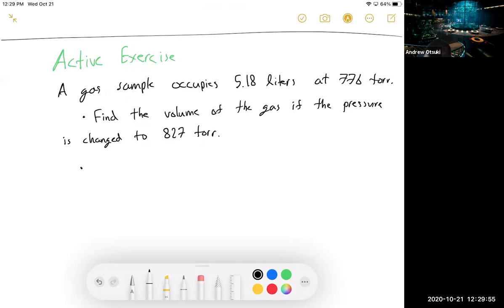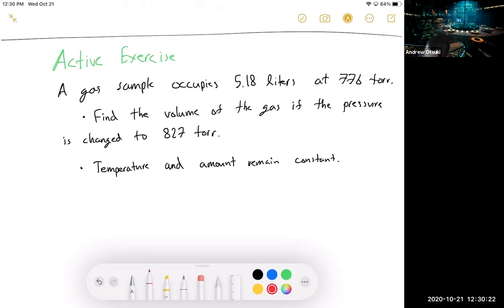One thing you also want to keep in mind is that temperature and amount remain constant. So you want to use the equation that does not have T in the equation and only has P and V.